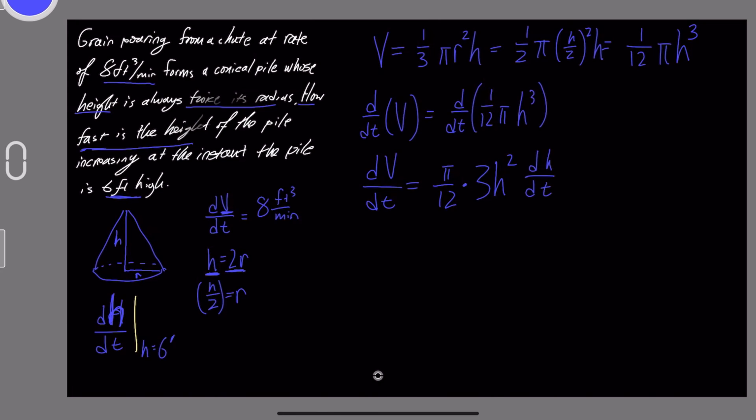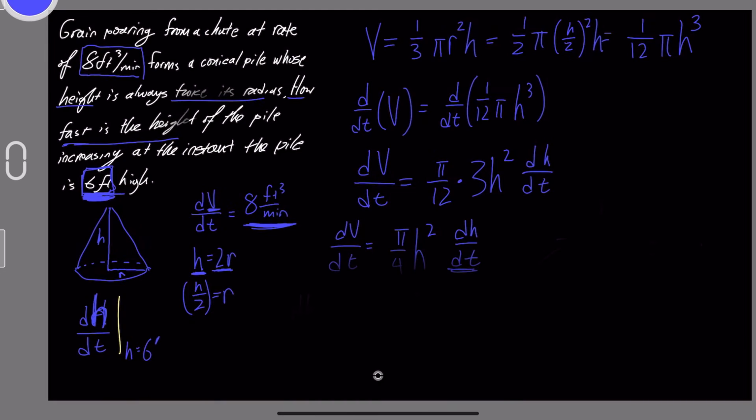And let's just simplify that a little bit more. dV/dt is equal to pi over 4 h squared dh/dt. Okay, before we plug in what we know, let's solve for dh/dt first. Let's make things a little bit neater. So dh/dt is equal to dV/dt times 4 over pi h squared.